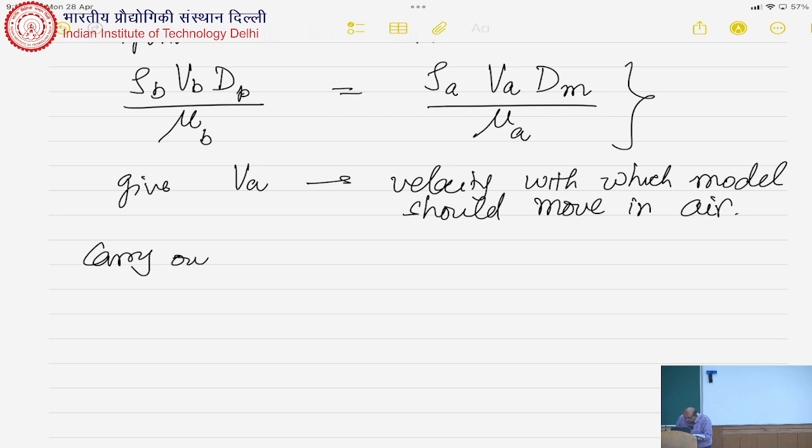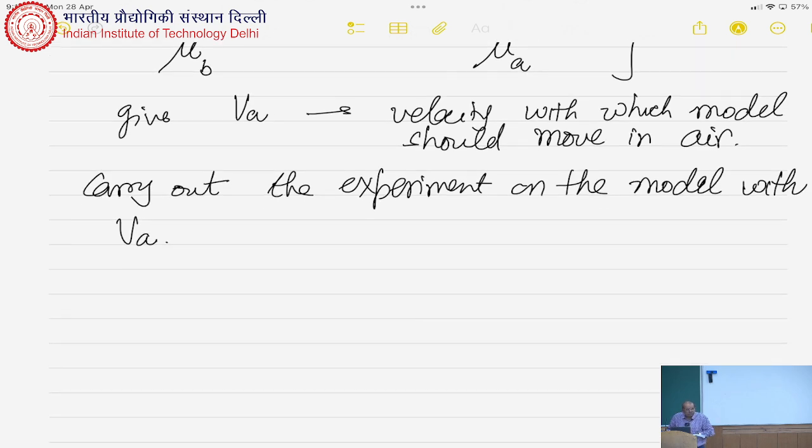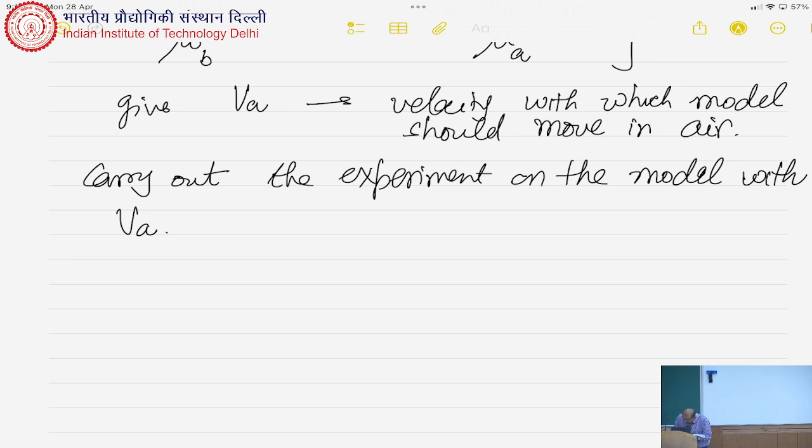Now this part is something which has to be done. Carry out the experiment on the model with V sub A and find the drag force on the model.